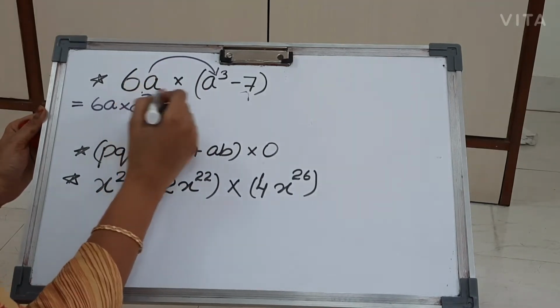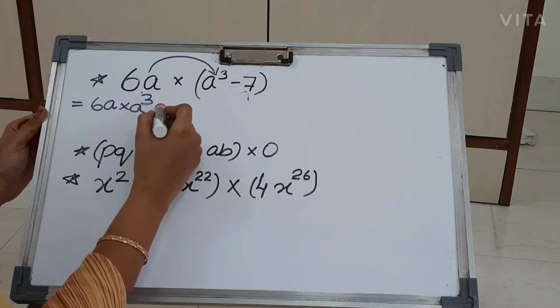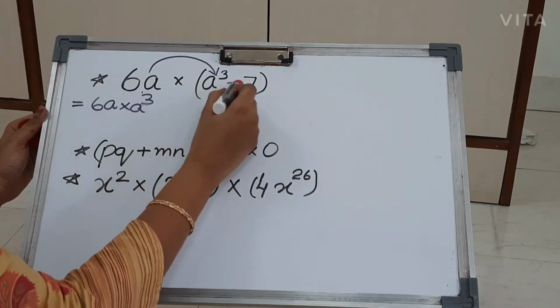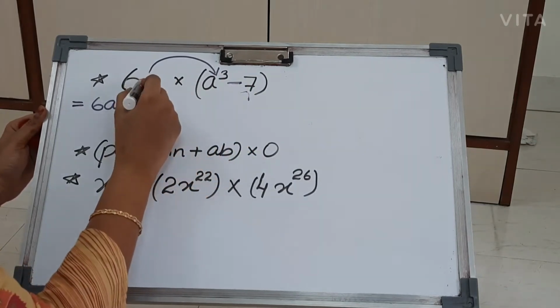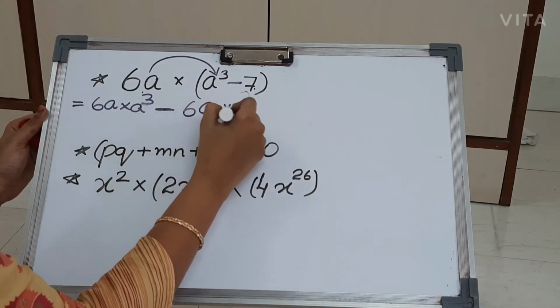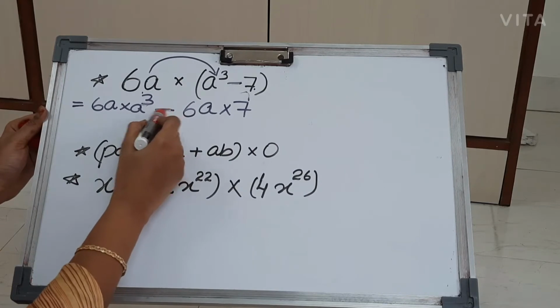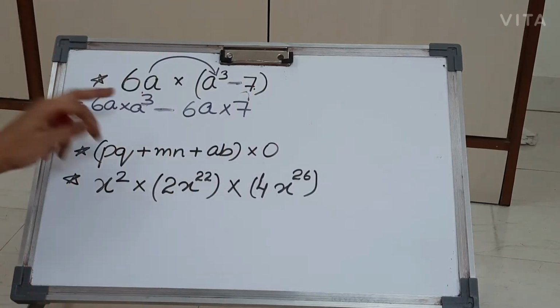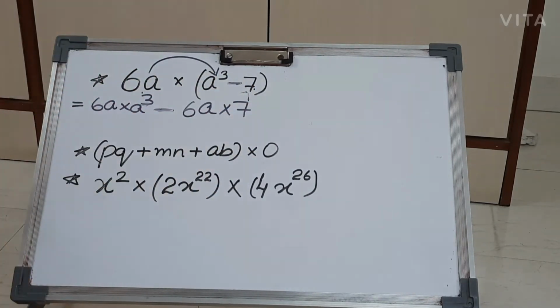Multiply 6a into a3. Then what is the sign here? Minus. So we'll put minus 6a into 7. So 6a multiplied with 7. See, this minus remained here common. We just multiplied 6a with both terms.